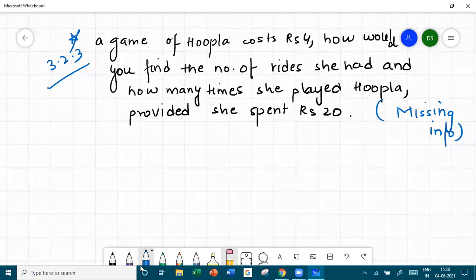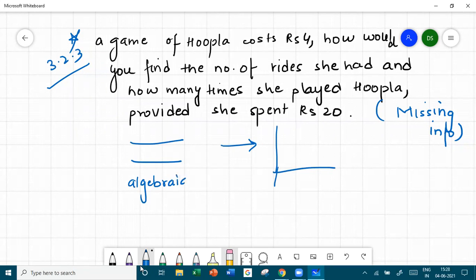So algebraically and graphically means you need to write the two equations you get and plot them on the graph. That's what algebraically would be, the equations. And geometric or graphic. So we just have to form the equation or we have to find x and y?